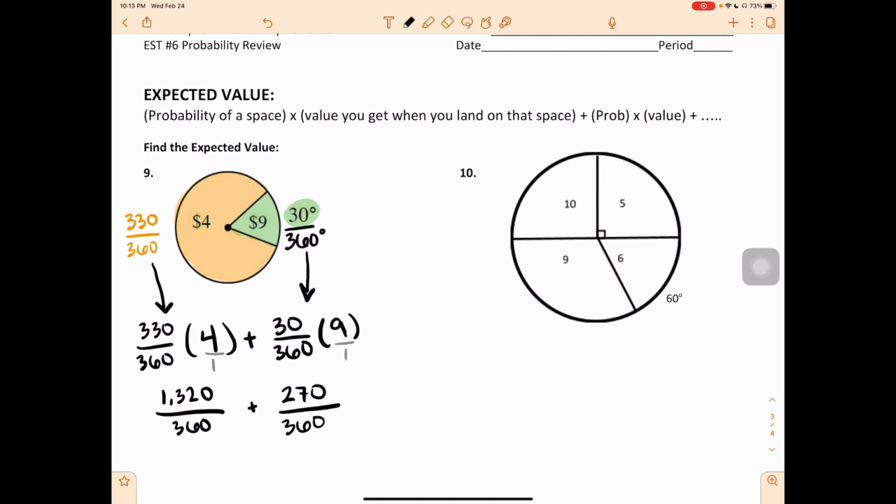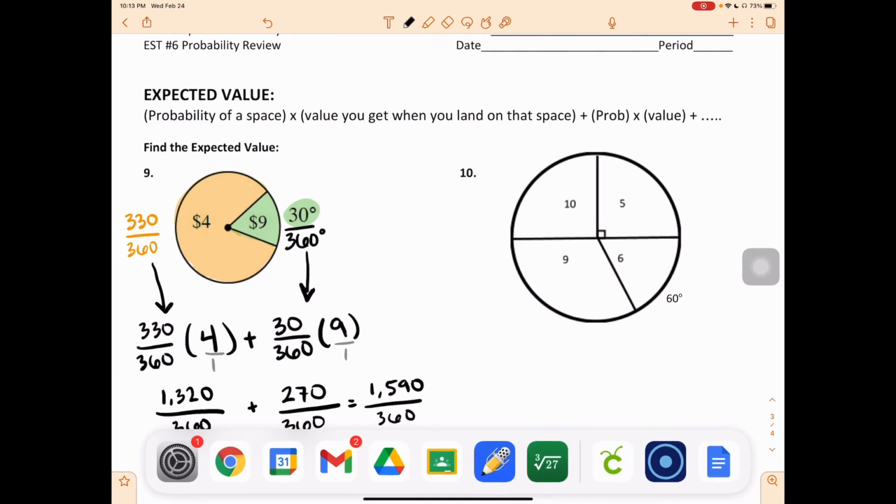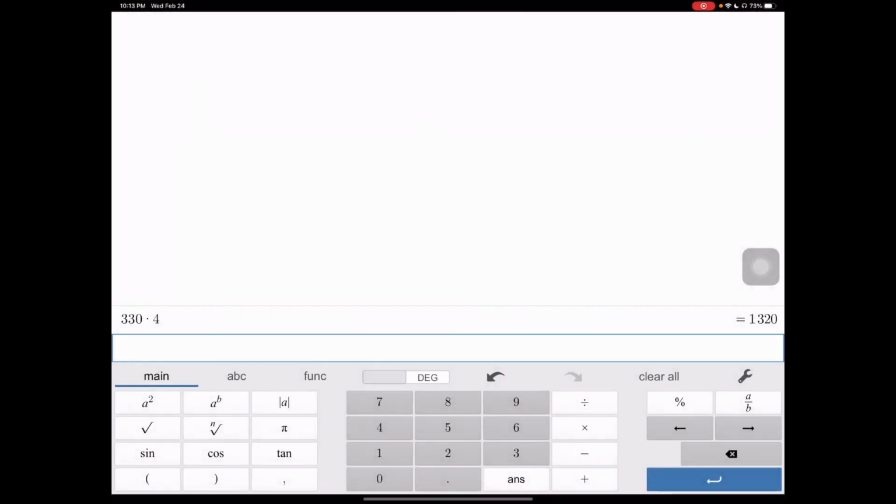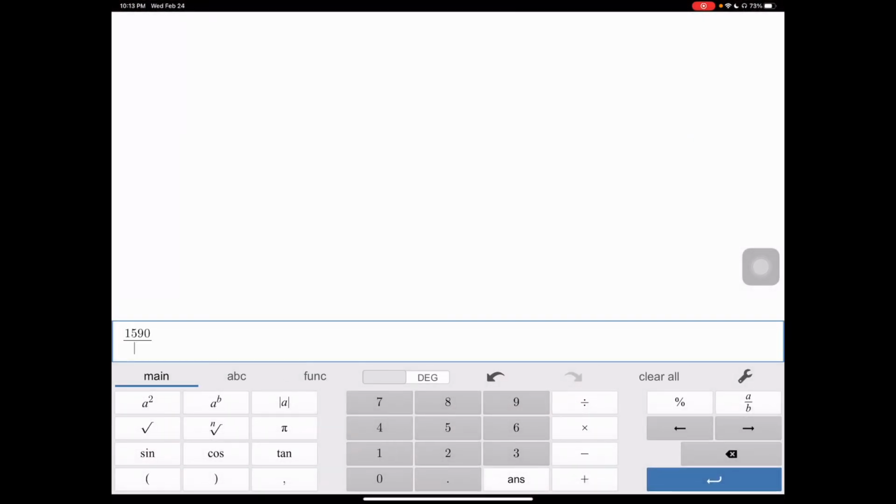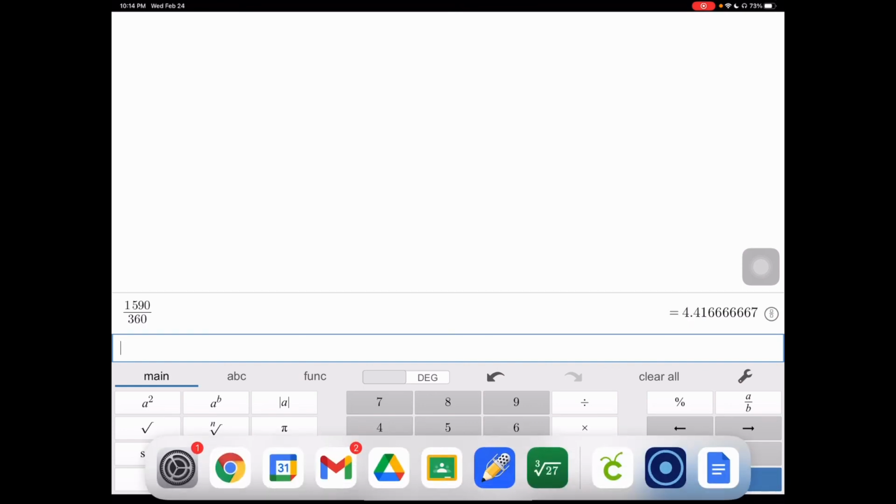Now we have to add the tops. So we have 1,320 plus 270. That's going to be 1,590 over 360, because they both have the same denominator. Now if we take 1,590 divided by 360, this is our expected value. This one is about equal to 4.42.